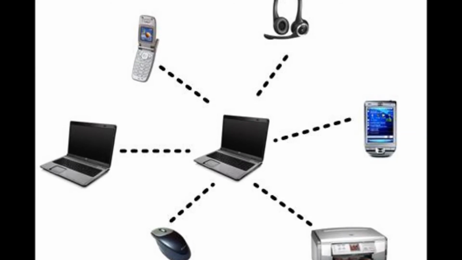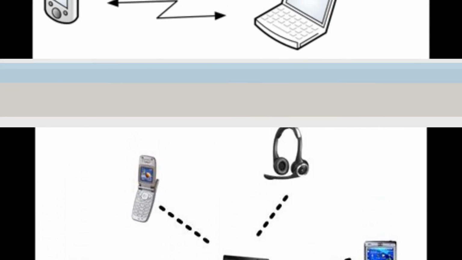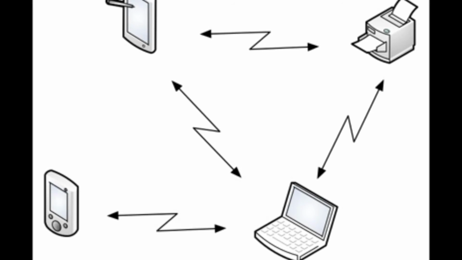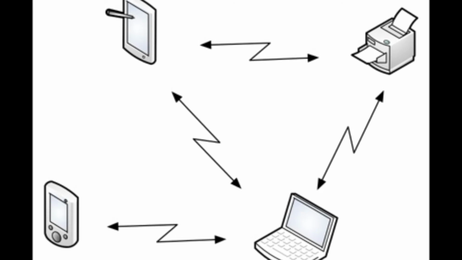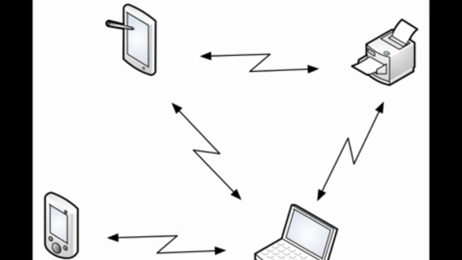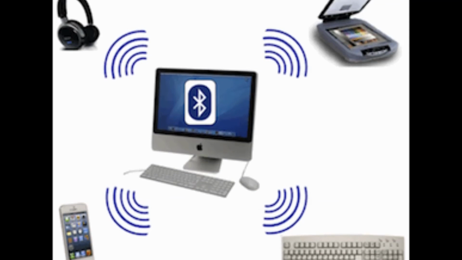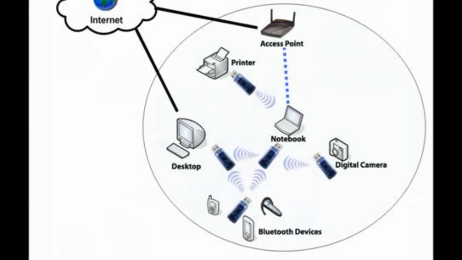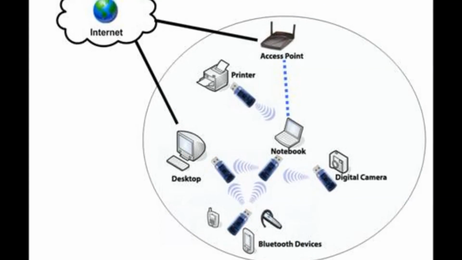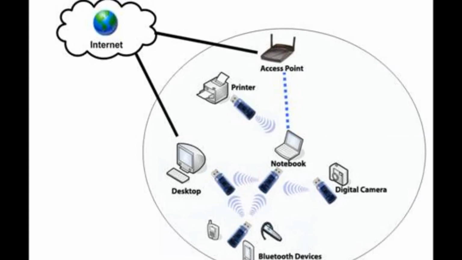PANs can be used for communication among the personal devices themselves or for connecting to a higher level network and the internet. A wireless personal area network, abbreviated as WPAN, is a PAN carried over wireless network technologies. The reach of a WPAN varies from few centimeters to a few meters.